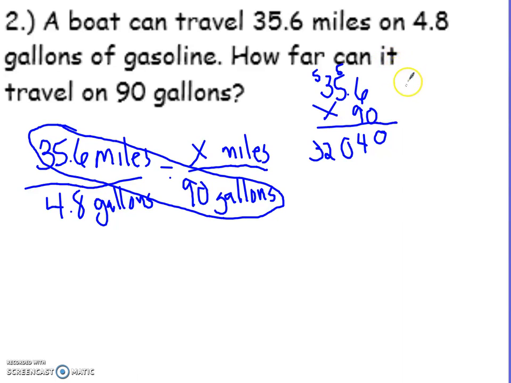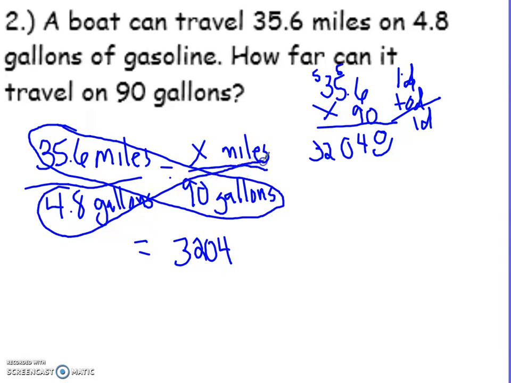So we have 1d plus 0d is 1d. So we have 3204 divided by 4.8. So we're going to divide both sides by 4.8.